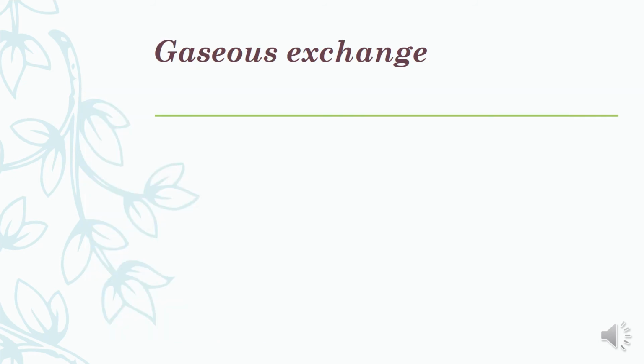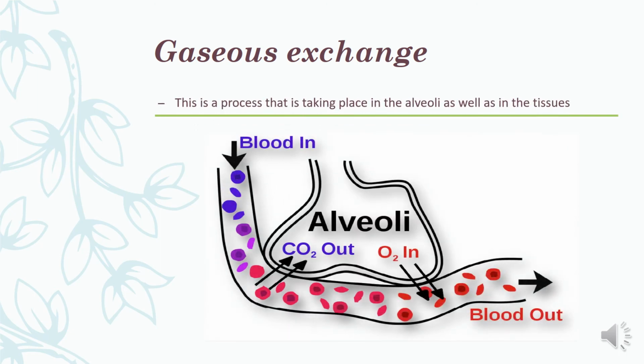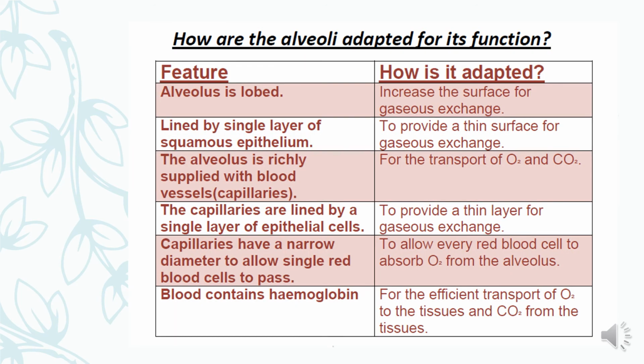Okay, now let's look at gaseous exchange. Gaseous exchange is a process that takes place in the alveoli as well as in the tissues. Again, I'm not going to go through all the adaptations, but it is important that you go through them. The alveolus is lobed.